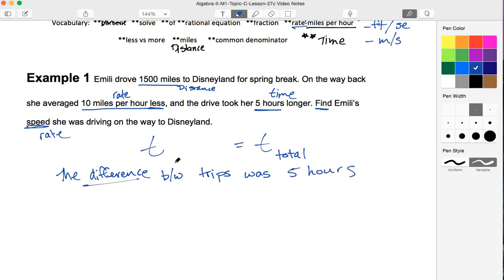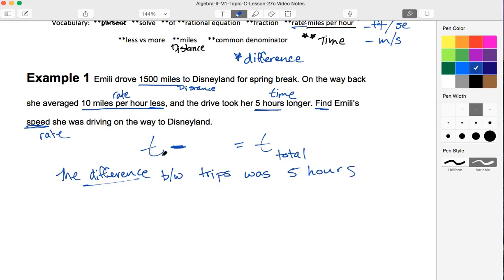So the key word I said was difference. Difference means subtraction, and you can write that difference is subtraction. This is in your bank for vocabulary.